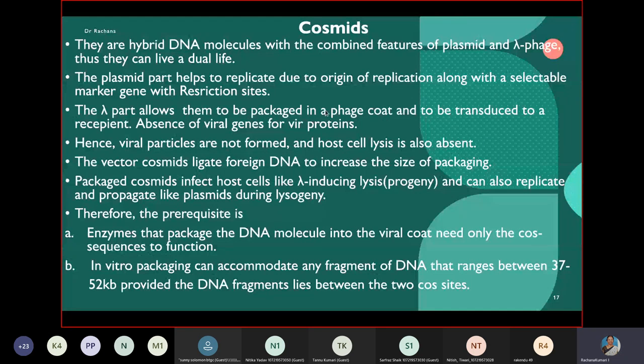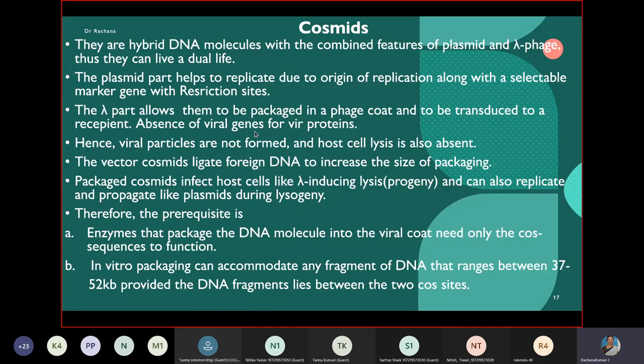And then once we are able to package along with the plasmid part of the gene, the DNA insert, it can be used to infect a large number of bacterial cells to generate a large number of copies within a short span of time through the process of transduction, which is nothing but the lytic pathway.